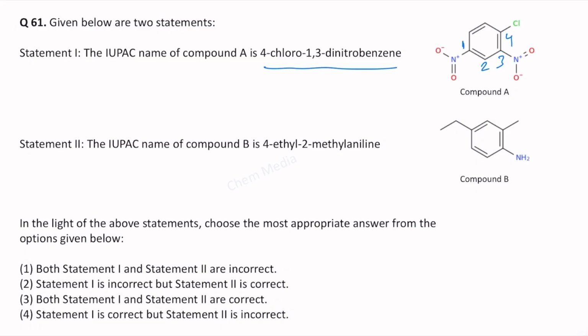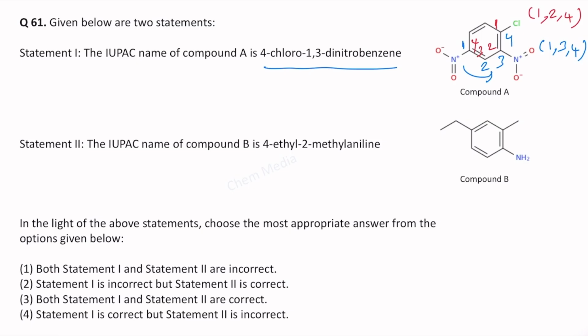No, it is not correct, because we can also do the numbering the other way around: 1, 2, 3, 4. If we number it that way, then it is 1, 2, 4 as a set. But if we number it this way, then it is 1, 3, 4 as a set, and therefore 1, 2, 4 as a set is the correct way of numbering.